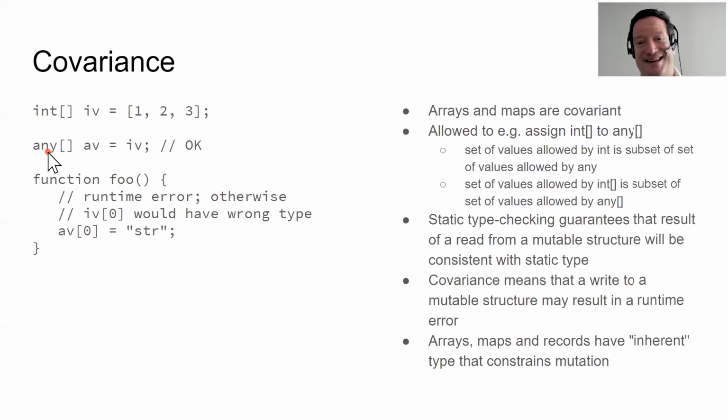But this does actually create a problem because I've now assigned an array that can only contain ints to an array of any. Now, what happens if I try to assign a string to the first member of AV? This is okay, right? Because this is any.